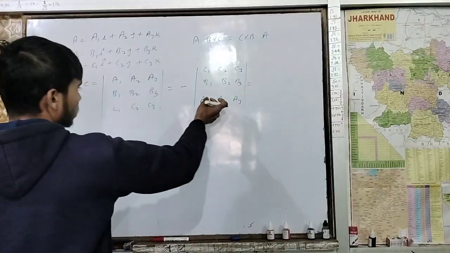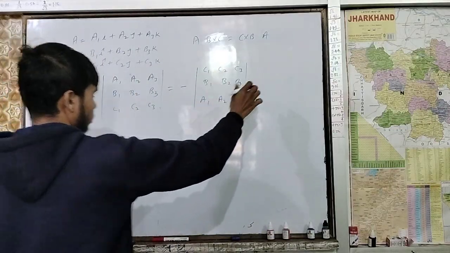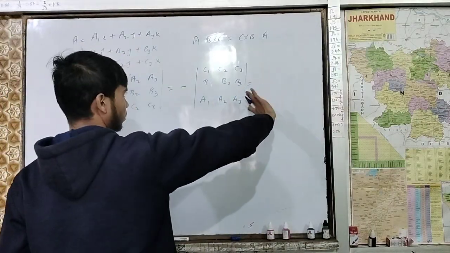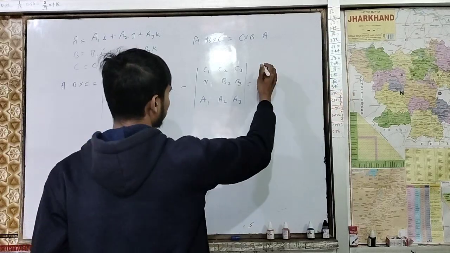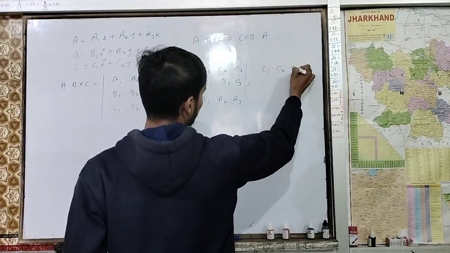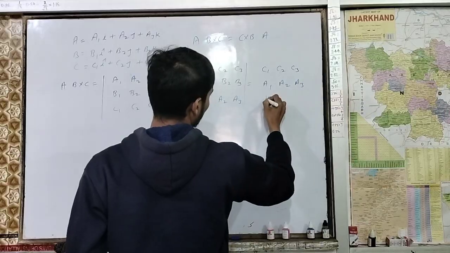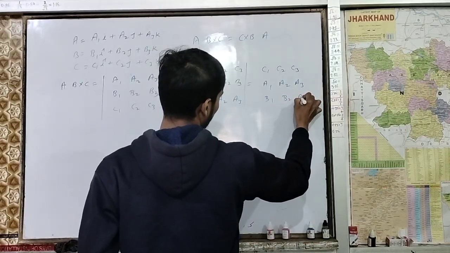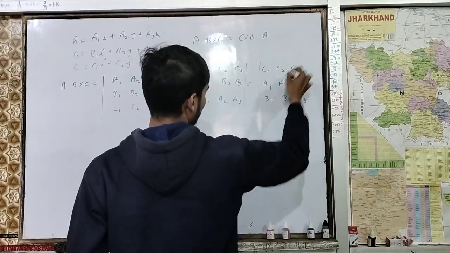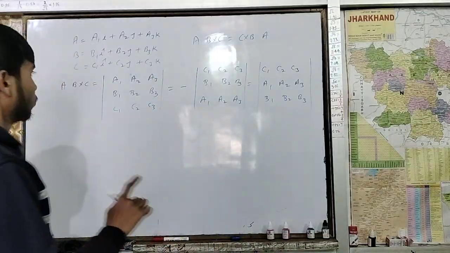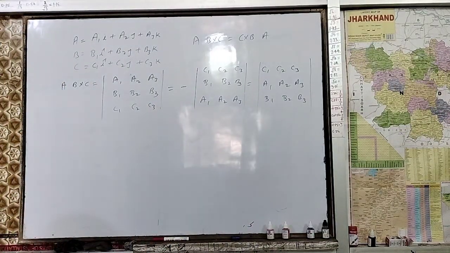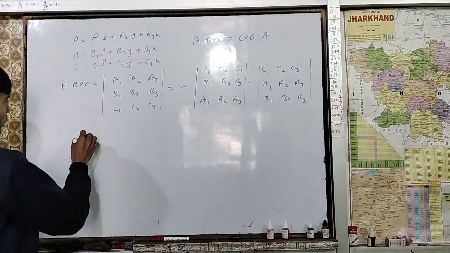Now you want to replace this B1 by A1, so negative is going to become positive. C1, C2, C3, A1, A2, A3, B1, B2, B3. From this view, you can write what?